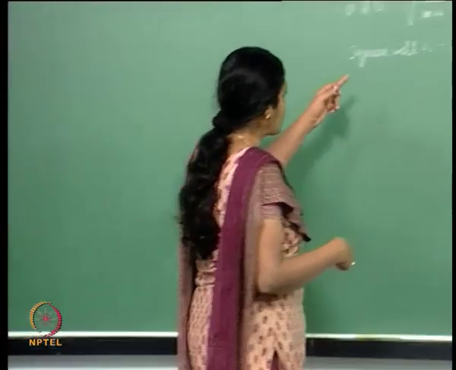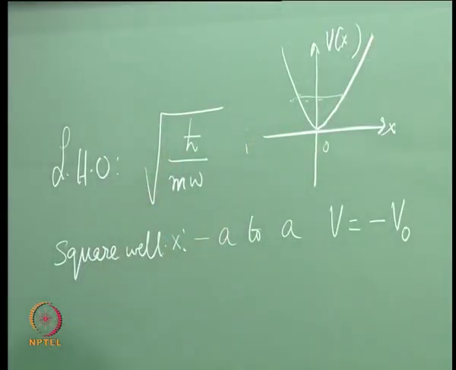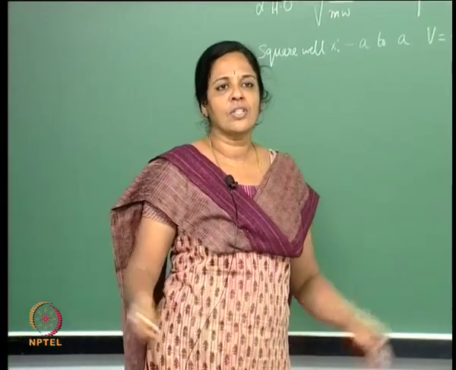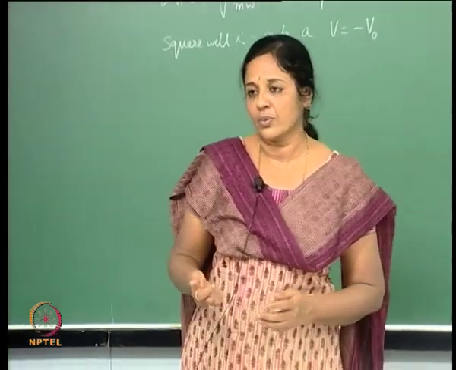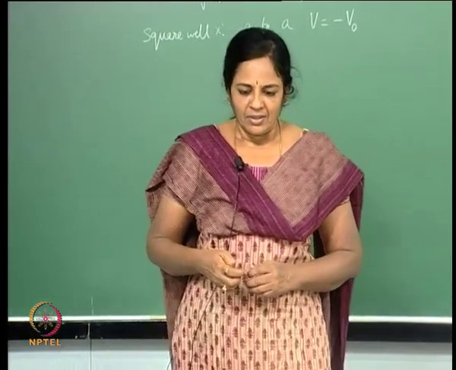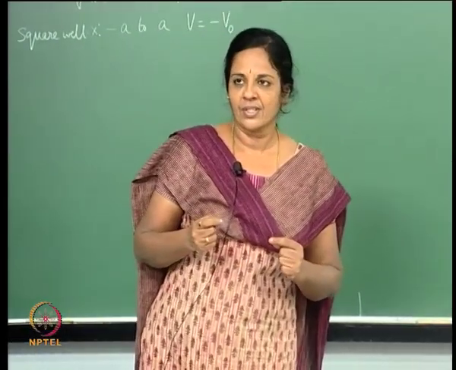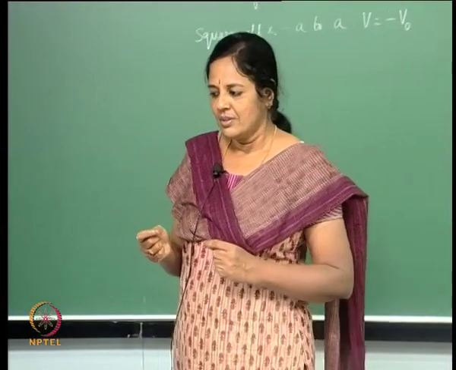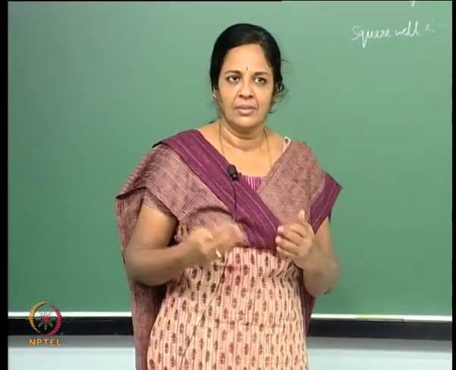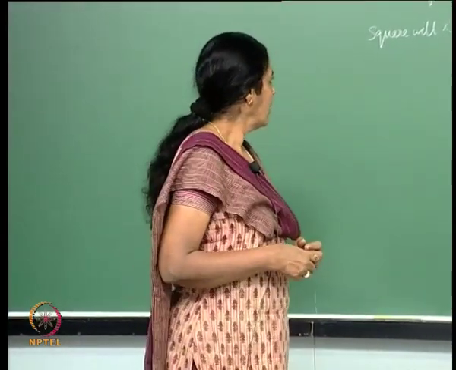Similarly in the case of the square well, the particle which was confined to the square well could well have a non-zero probability of being outside the square well. So this was one of the surprises from the quantum version of these problems.